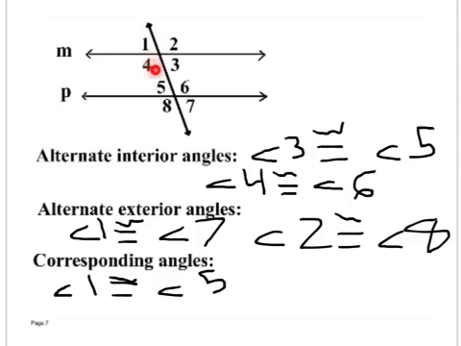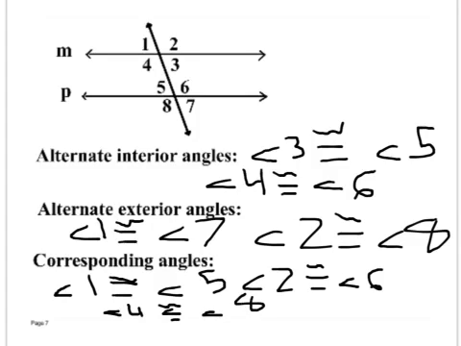Is angle 1 equal to angle 4? No. About angle 2, what's it congruent to? Angle 6. What about angle 4? What's it congruent to? 8. Angle 8. And Emery, what would angle 3 be congruent to?